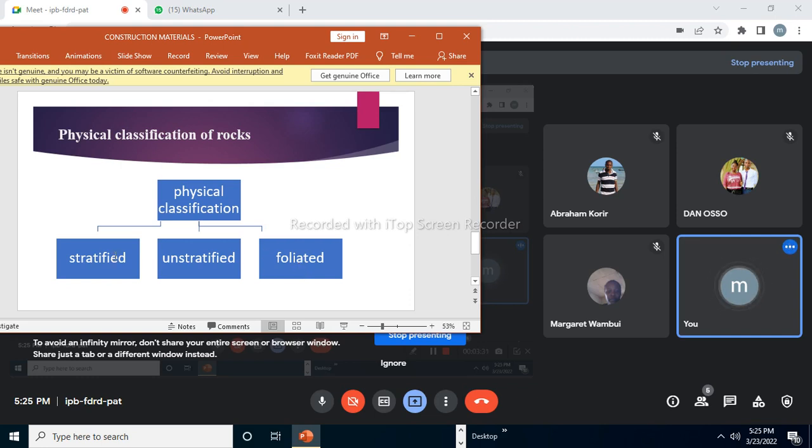Just to mention, stratified rocks are those that can be broken along stratifications. In short, they are in layers and can be broken in layers. Most stratified rocks are sedimentary rocks, because sedimentary rocks are formed in layers, as you will see in our future discussions.